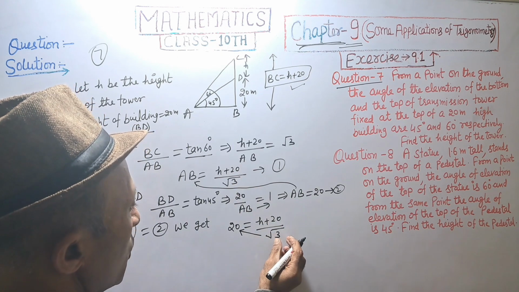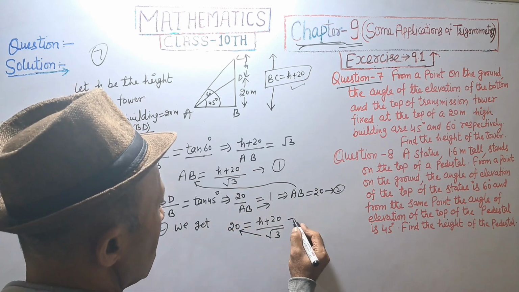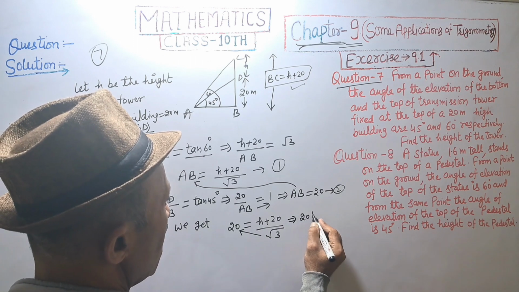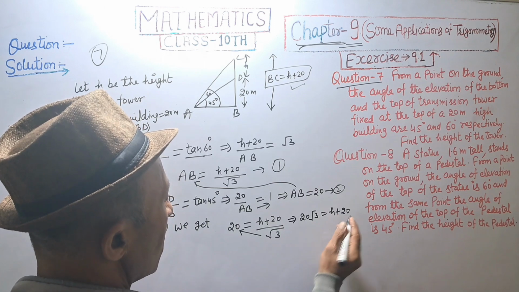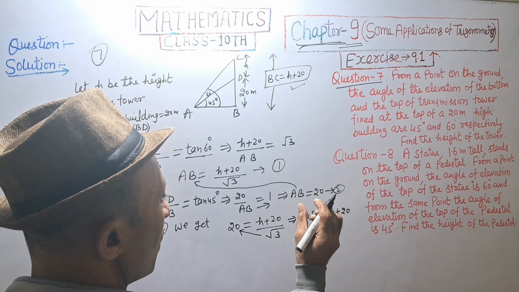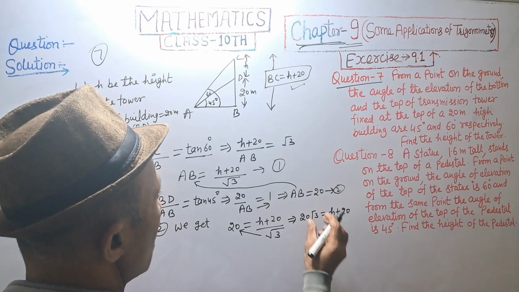Root 3 multiplied by 20, this implies 20 root 3 is equal to h plus 20, and we want to find the value of the height of the tower.